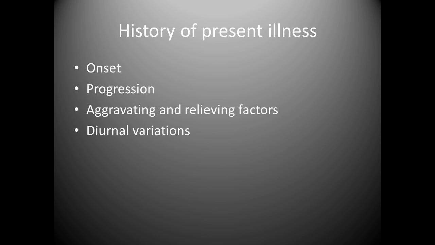Are there any associated factors which aggravate the symptom, or factors which relieve it? Is there any change in the symptom between day and night, or day to day variation?